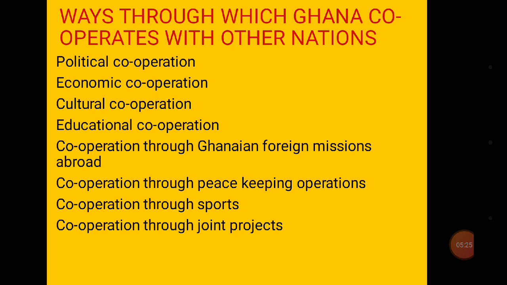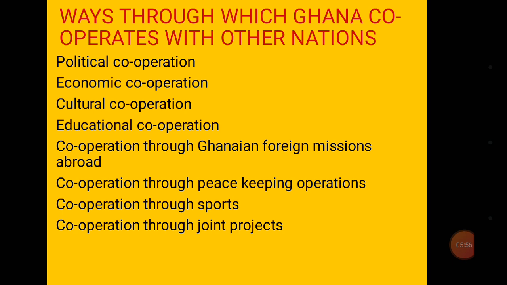Then cooperation through peacekeeping operations. Ghanaian troops, that is soldiers, naval officers, Air Force officers, and so on, are sent on peacekeeping missions with UN or AU groups to keep peace in warring countries like Liberia, Congo, Syria, and so on.